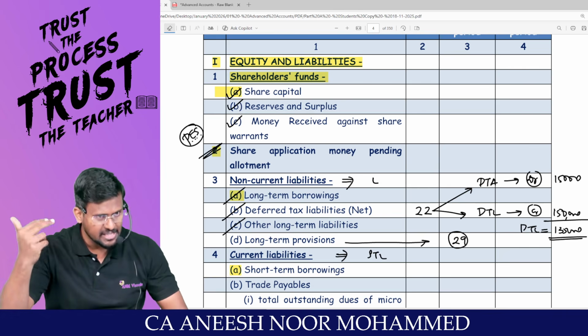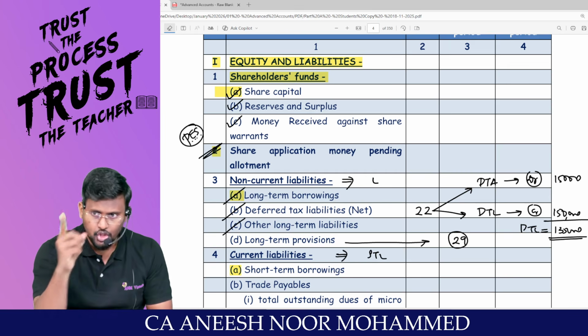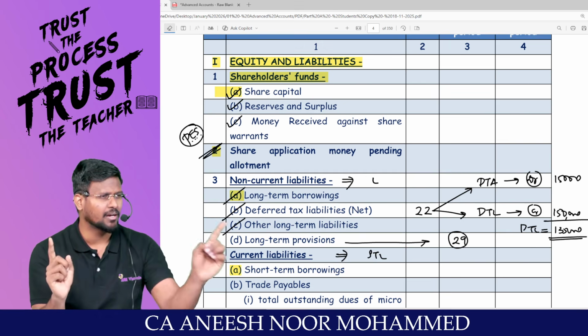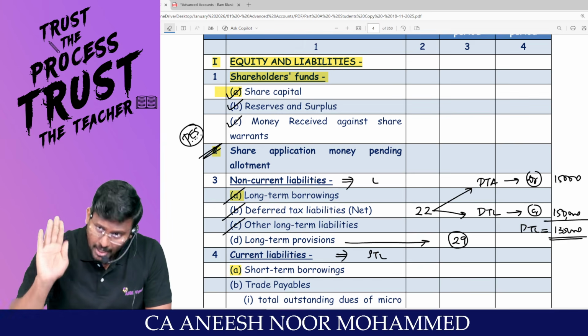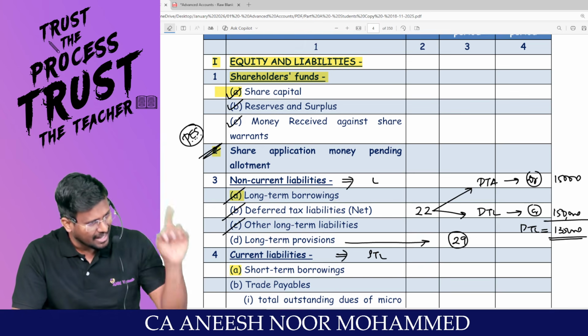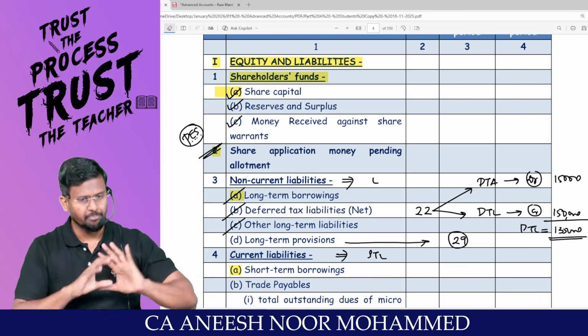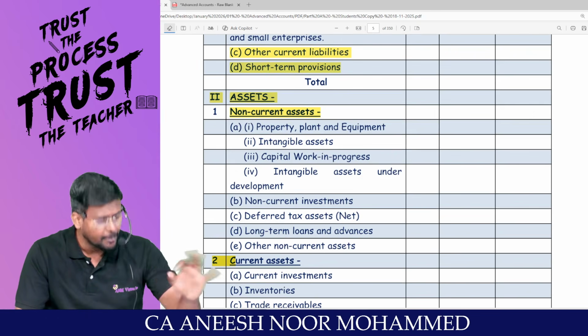A, B, C, D. A: long-term borrowings, short-term borrowings. Deferred tax liability net, the replacement is trade payables. Then other long-term liabilities, other current liabilities. Long-term provisions, short-term provisions. Pakka? That's it with regard to the liability side of the balance sheet.